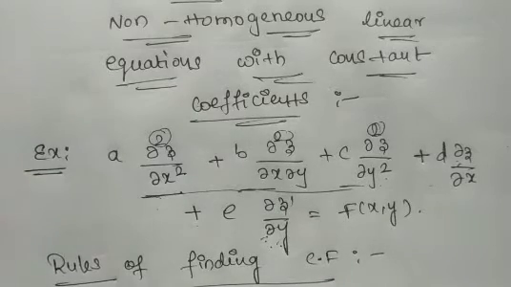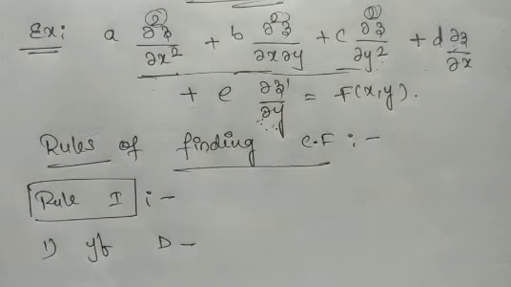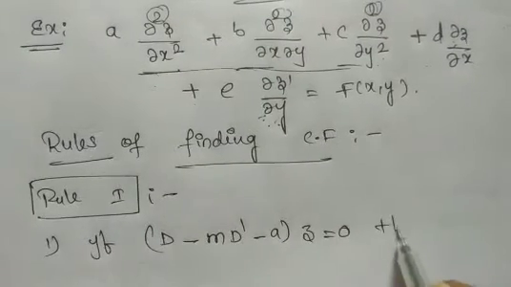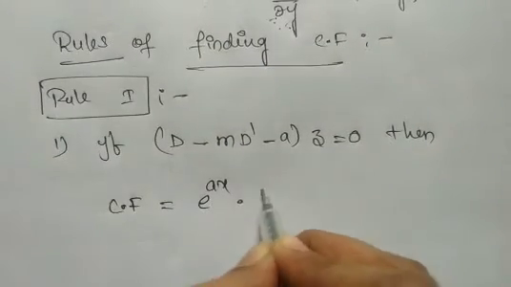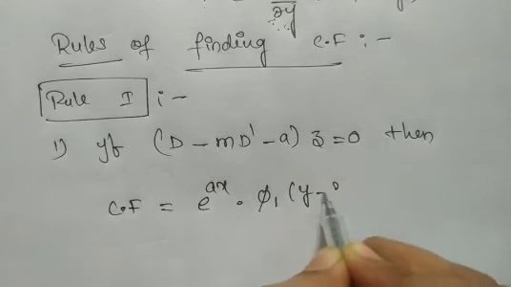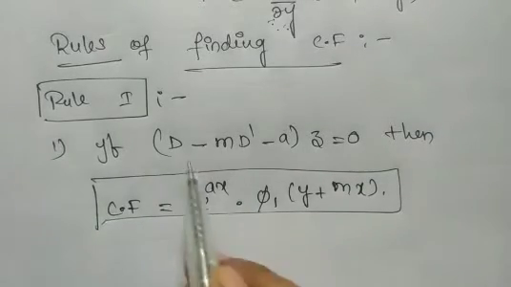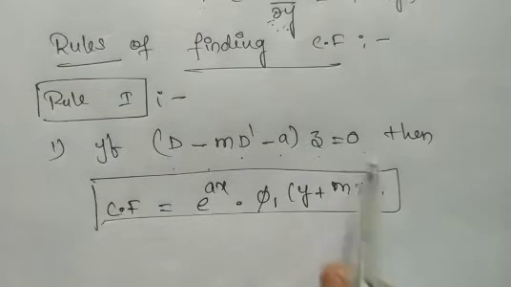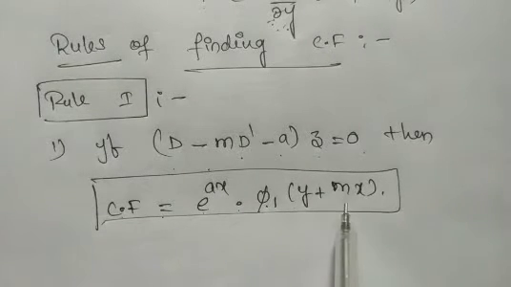Rule 1: if (D - mD' - a) z = 0, then the complementary function is e^(ax) φ1(y + mx).